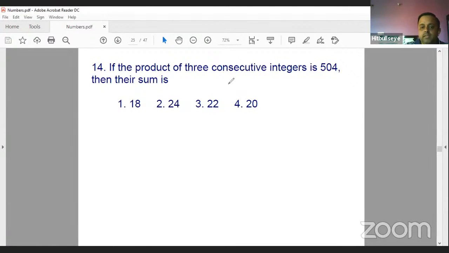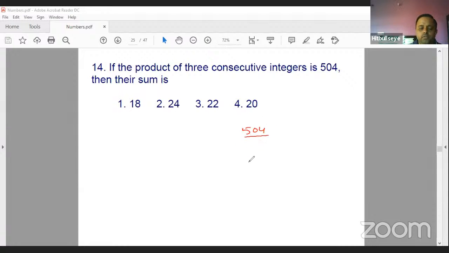So if the product of three consecutive integers is 504, then their sum is... So try to find the number by which 504 is divisible.